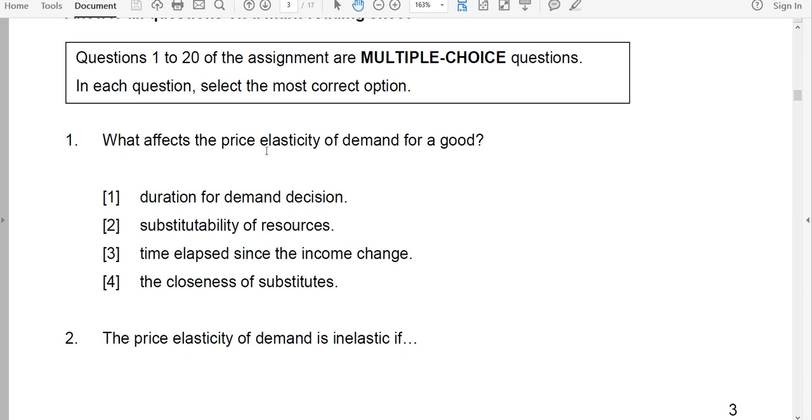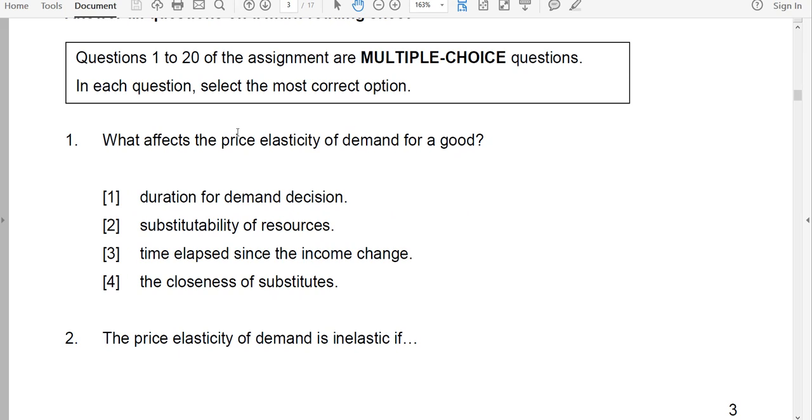Yes. But when you look at price elasticity of demand, we are measuring sensitivity. Whenever you use the word elasticity, it simply means sensitivity or responsiveness. Price elasticity of demand measures how sensitive the demand is to changes in the price.